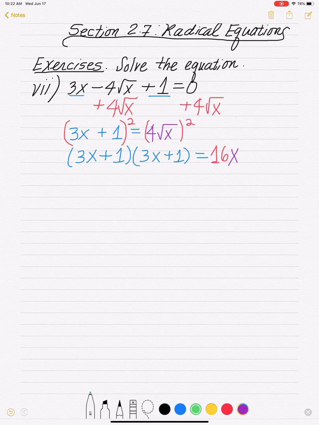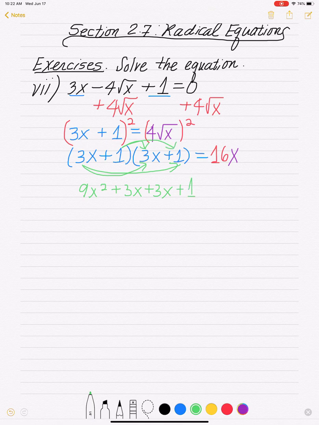We got a FOIL. First terms, 3x times 3x is 9x squared. Outer terms, 3x times 1 is plus 3x. Inner terms, 1 times 3x is positive 3x. And last terms, 1 times 1 is positive 1.